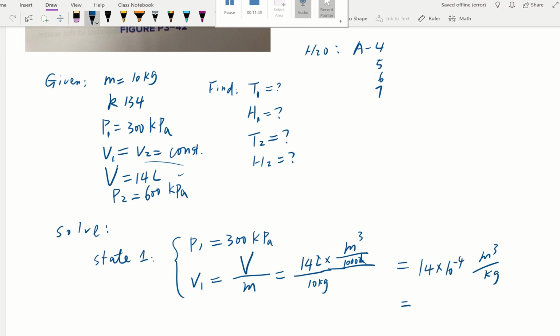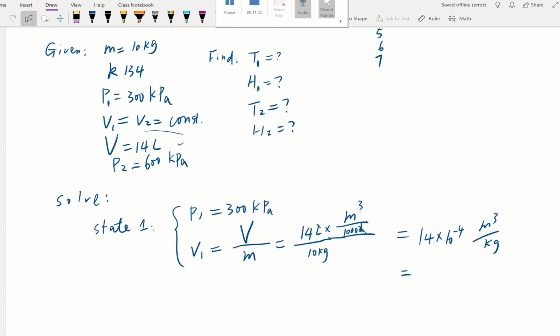And to make that better looking, it's going to be 1.4 times, why don't we just use decimal? So it's going to be 0.0014, right? Meter cubed per kilogram.